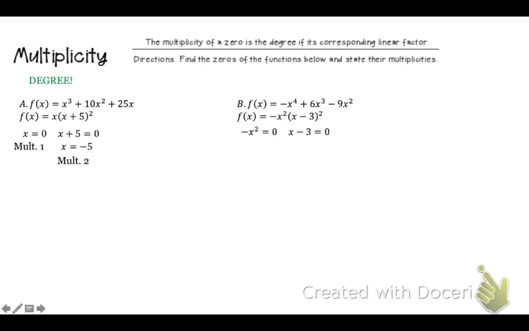So then that negative x squared equals 0, x minus 3 equals 0. That negative x squared, that just means x equals 0, and x equals 3. That has a multiplicity of 2, that has a multiplicity of 2.